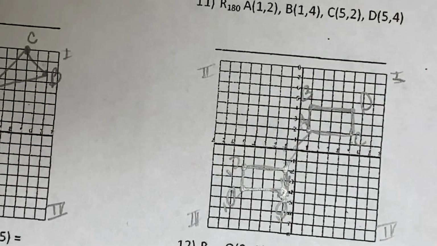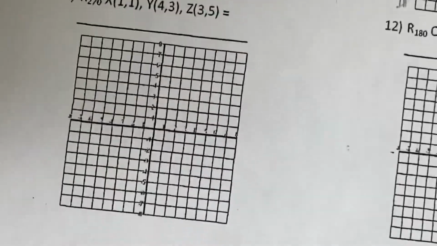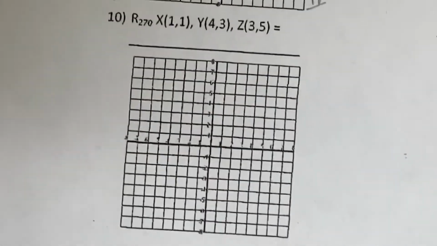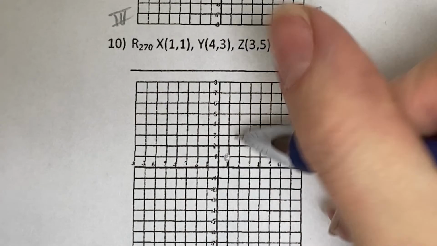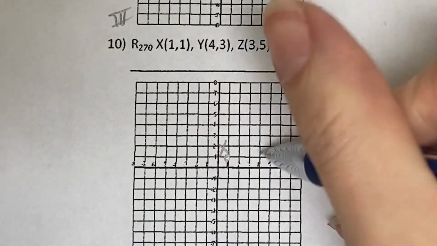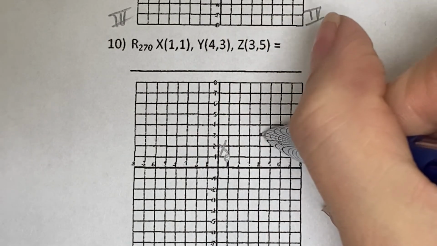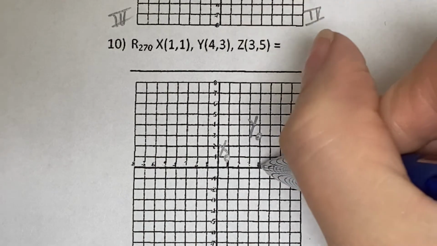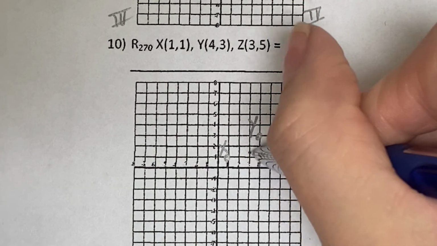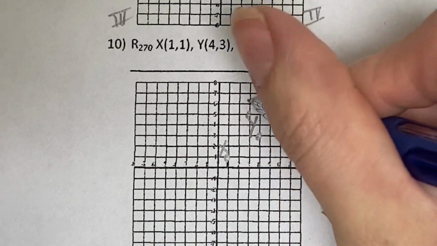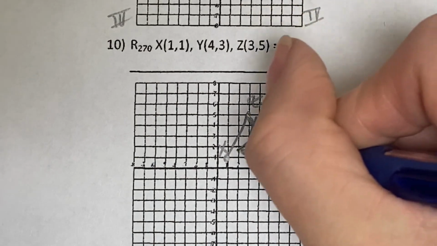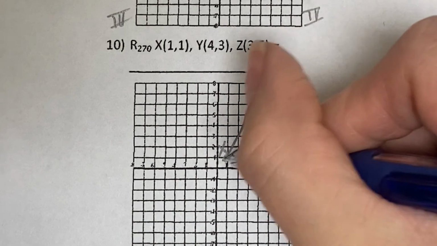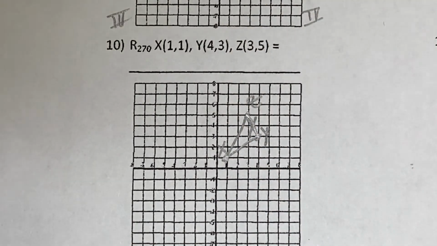All right, we'll do a 270. We have 1, 1. All right, so X, Y, Z, and I need to rotate 270.